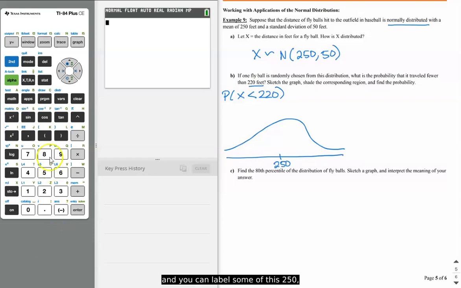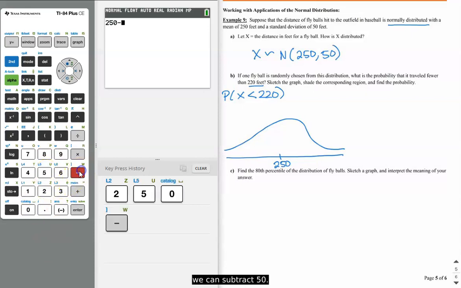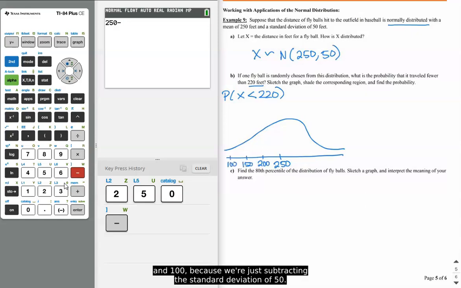You can label some of this: 250, we subtract the standard deviation of 50, so we'd have 200, 150, and 100. If we go above, we'd have 300, 350, and 400. So it wants to know 220, so 220 is somewhere in here, and it wants less than that.